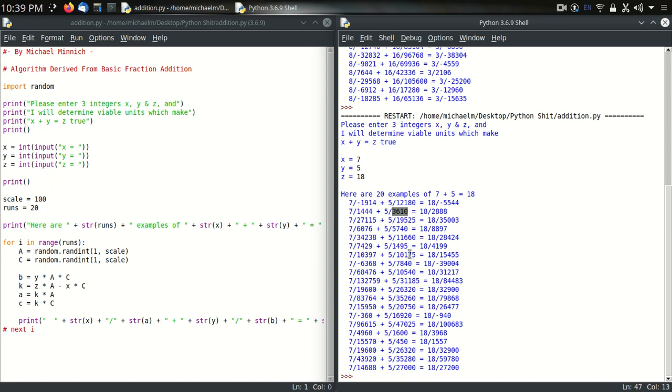That is true. That much is true. And then the two other factors are not necessarily determinable just from looking at this, because they're not necessarily prime, but they are randomly decided by the program.